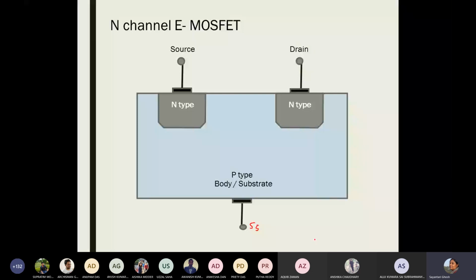Before we have the gate terminal, we have the most important component of this device, which is an oxide. We have a silicon oxide layer, which is very, very thin. You can imagine it is basically a coating of the order of 1000 angstrom or so. It is a very thin layer of silicon oxide, and this is an insulator.